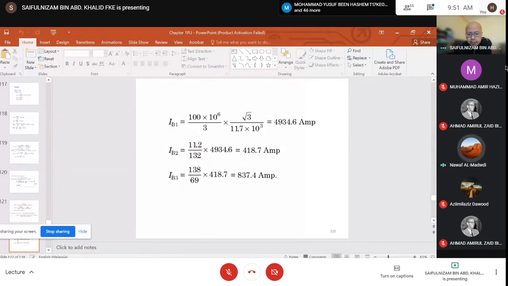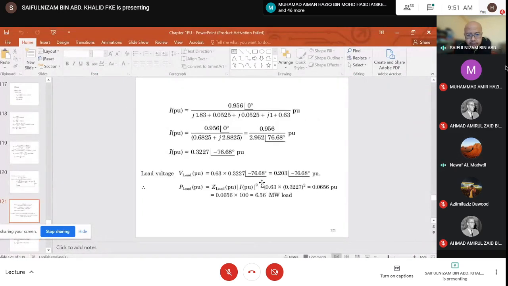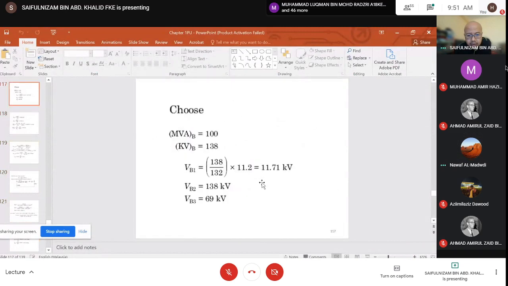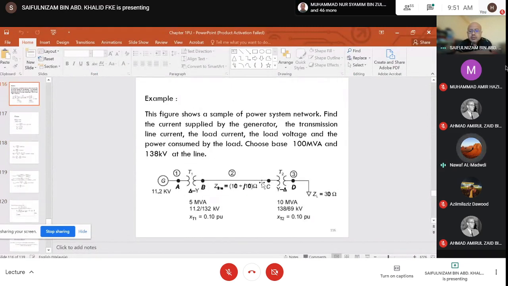Can you just go back to the line diagram? The slide, the question. Okay, my question is, what about if we have a branch line from point B?